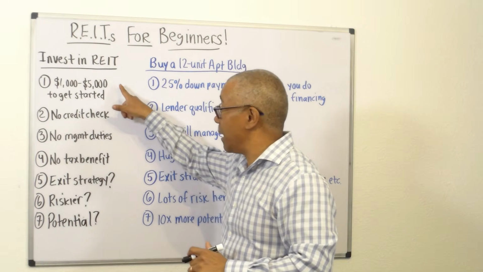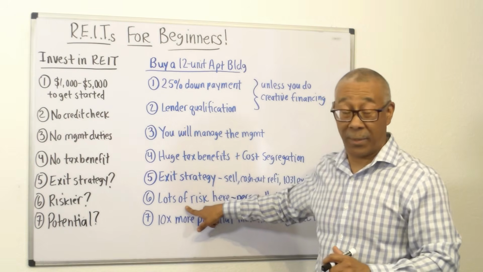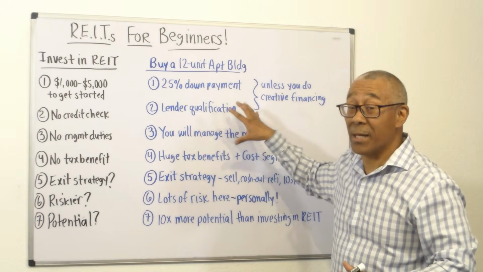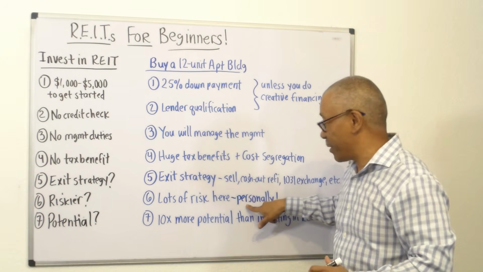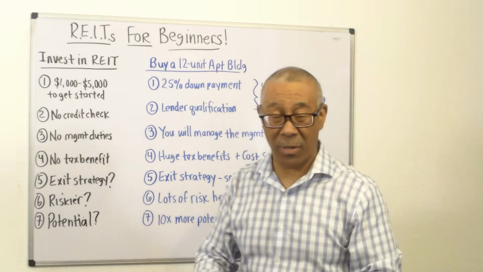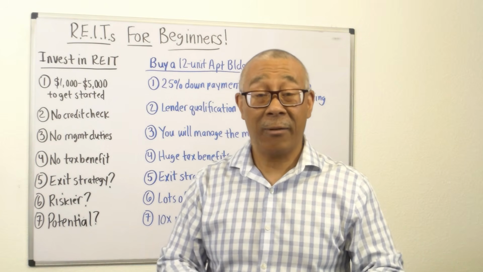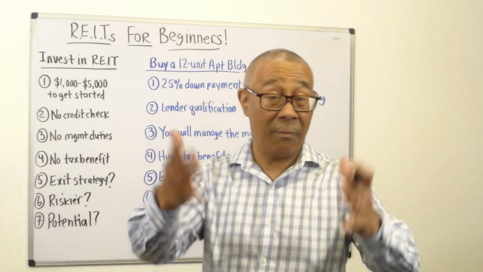So which has more risk, the REIT or buying your own property? I say there's more risk on this side, because you're at risk personally. On the smaller commercial properties, you're signing on a loan yourself, personally guaranteeing it. If you default, they're coming after you.